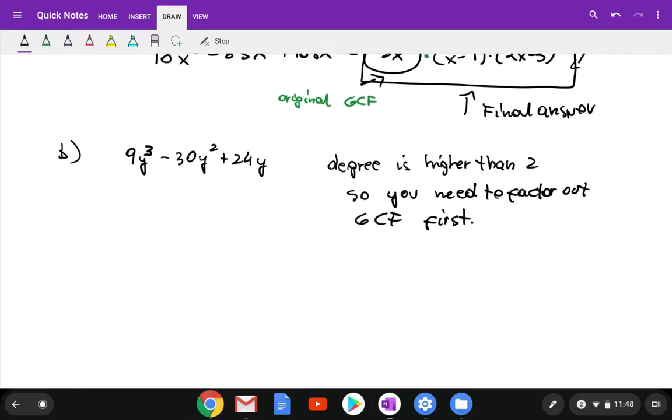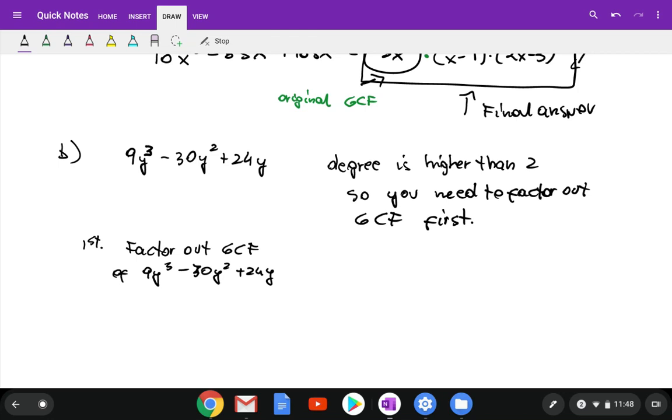Okay, so let's do it. So first step, factor out GCF of 9y to the third power minus 30y squared plus 24y. Okay, so what will be the GCF?